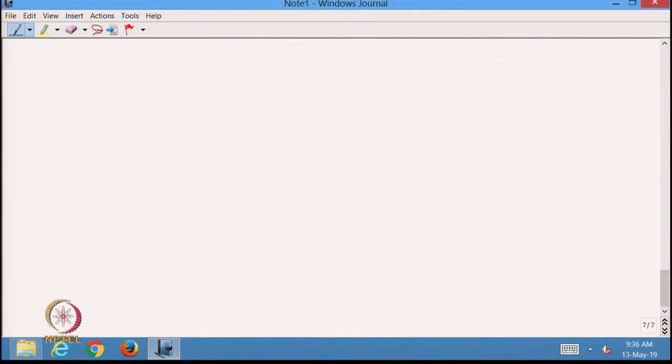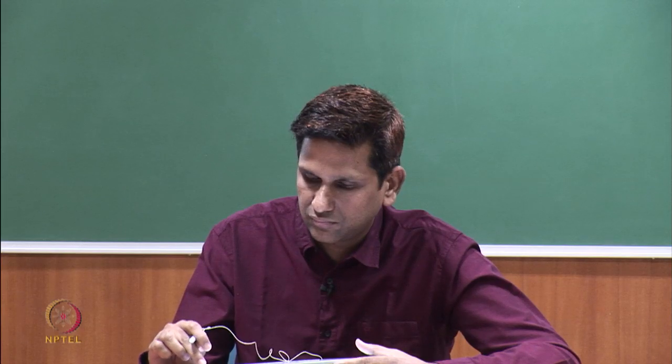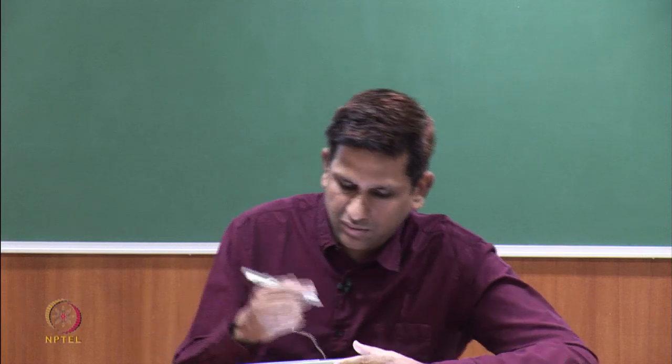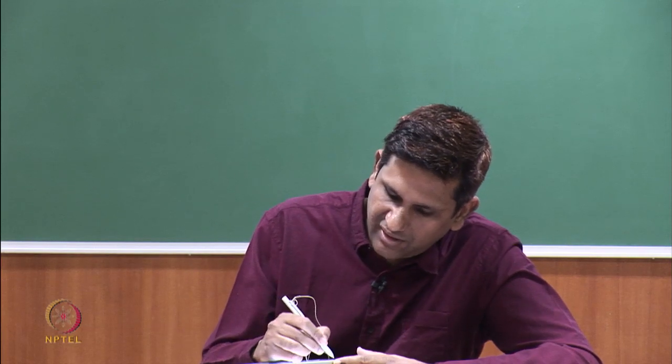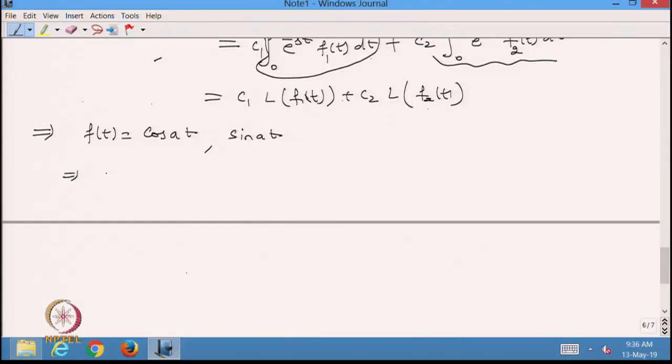So, this one I want to find. Now this one we can define like this: I just want to find the Laplace of cos at plus i sin at, where i is the complex number.